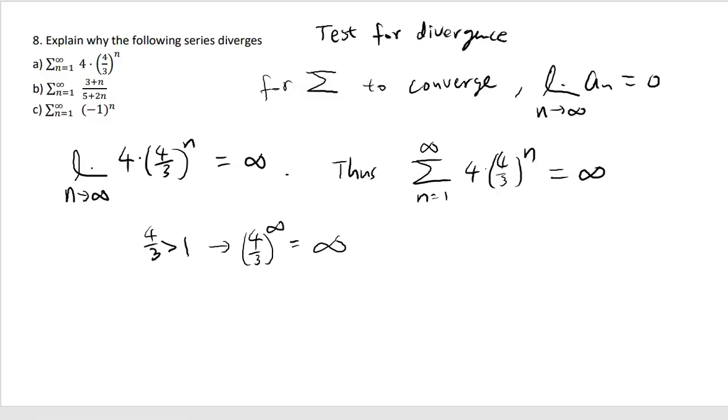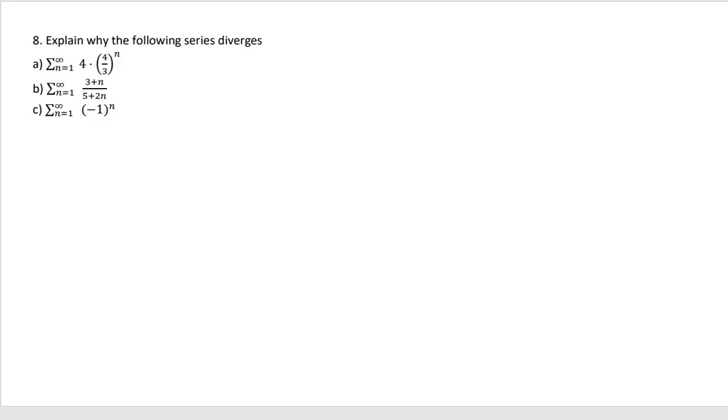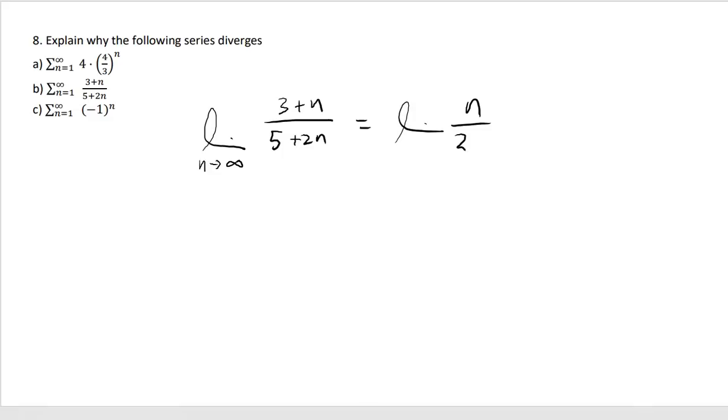Now let's try to work on the second one. For this one, 3 plus n over 5 plus 2n. We take the limit of the sequence, and since n and 2n are the dominant terms, you end up with a limit of n over 2n.